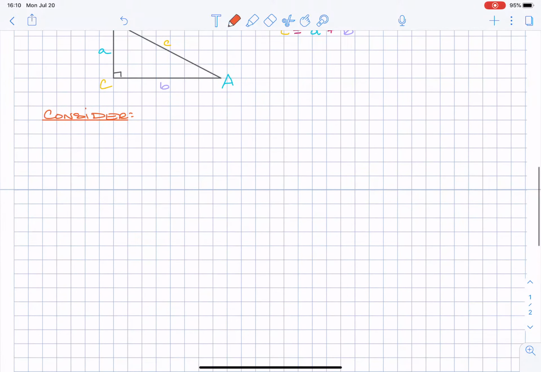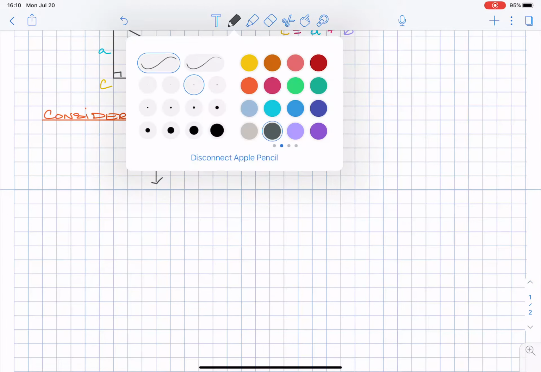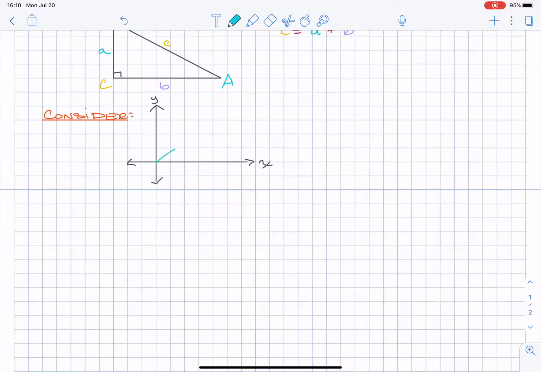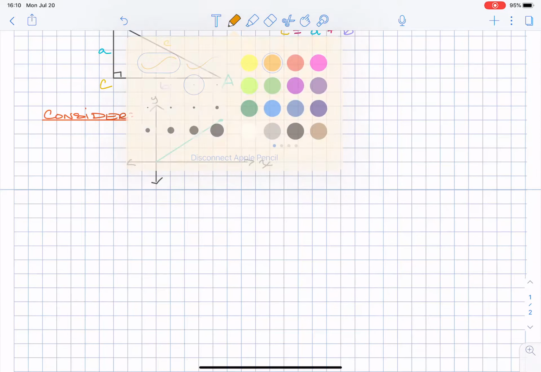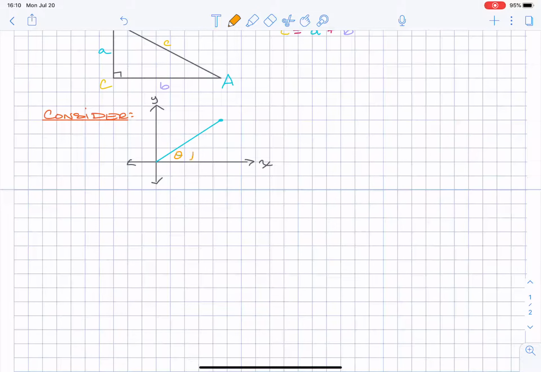So I'm going to draw x and y coordinate axes. So x and y. And let's have an angle somewhere here. Okay, so our angle will be theta in standard position as measured from the positive x-axis.